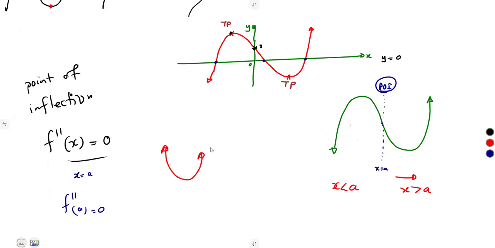Remember, facing up like this, it is concave up. When it is like this, it is concave down.